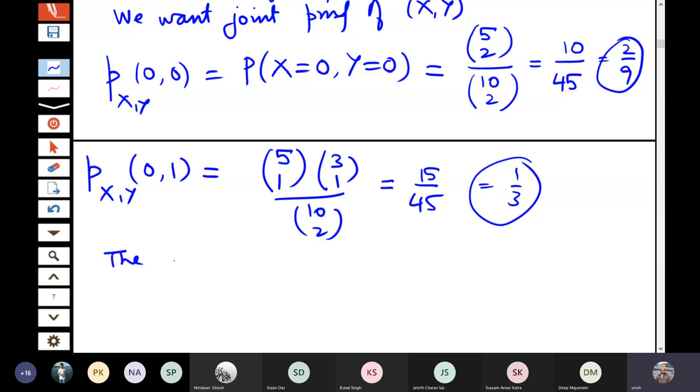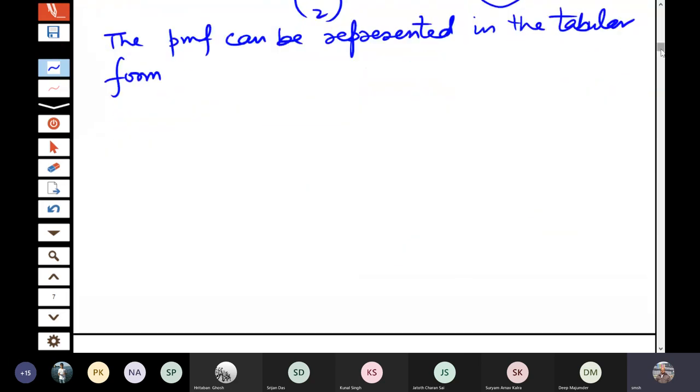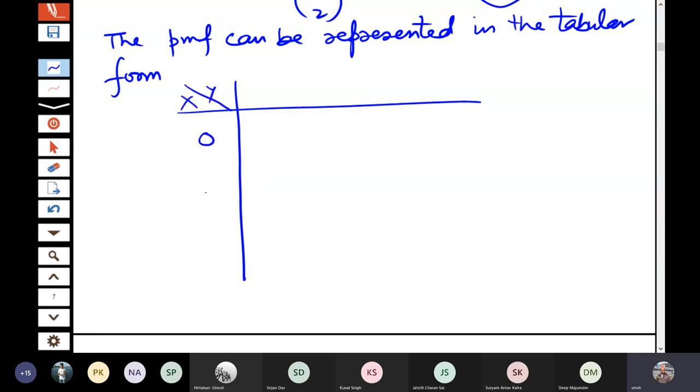So all the things can be calculated, and the PMF can be represented. Let us put it in tabular form because it is a finite number of values and few values are there, so we can nicely put it in that form. x can take values 0, 1, 2, and y can take values 0, 1, and 2.